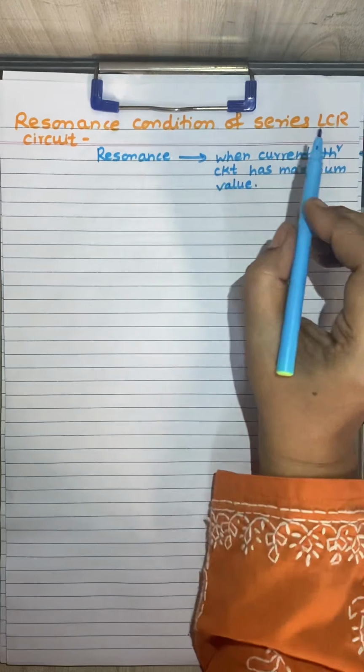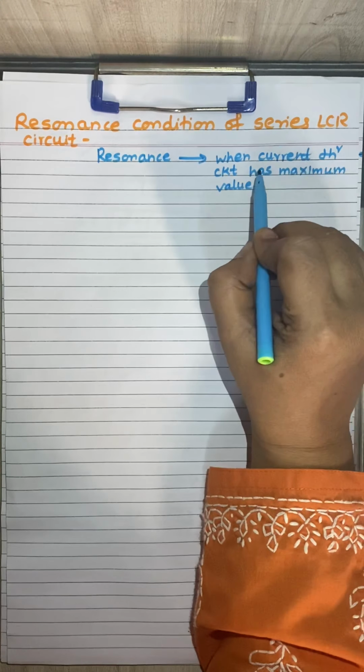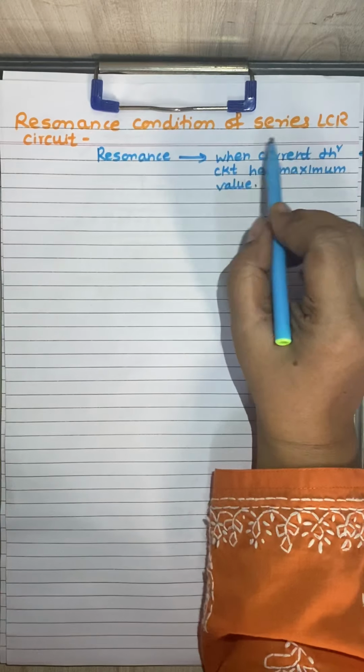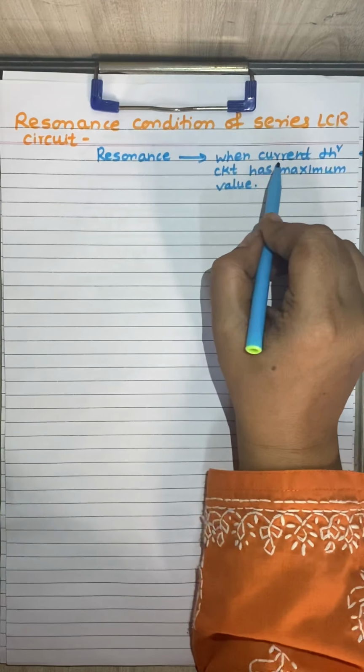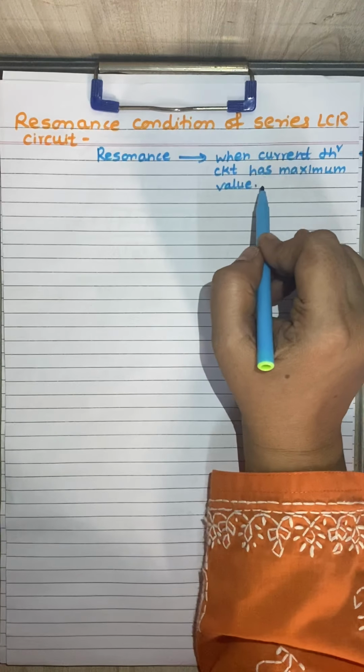If the current has a maximum value, obviously the resistance of that circuit must be very less, and only then the current through that LCR circuit will be maximum.